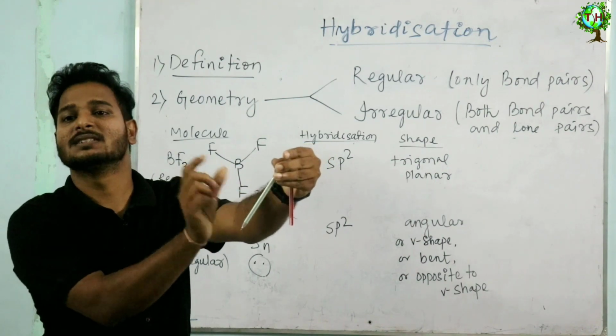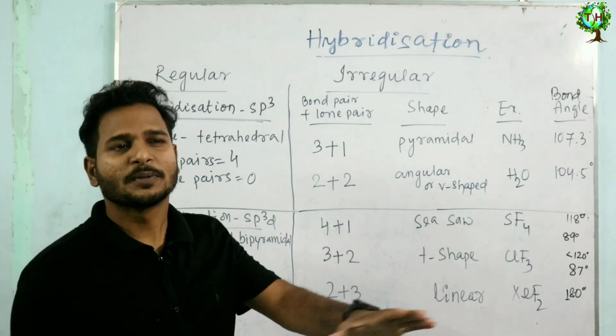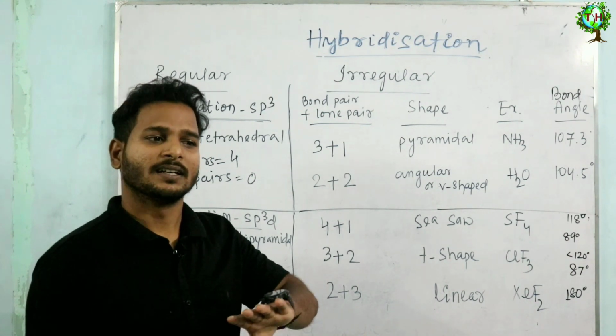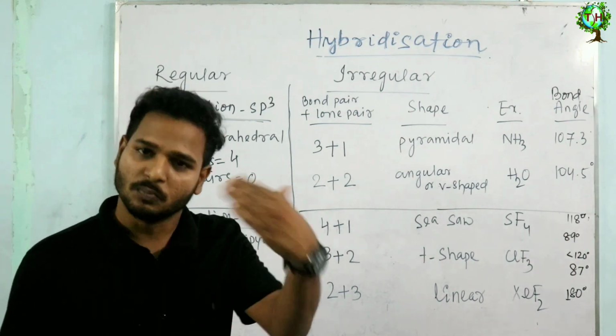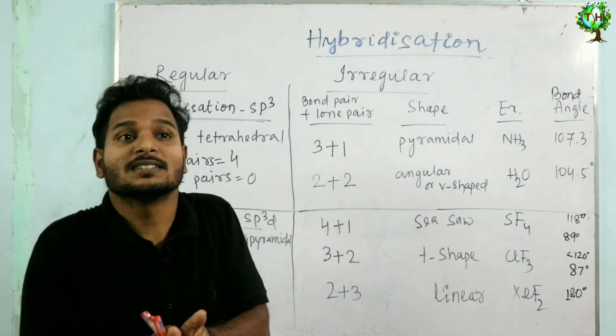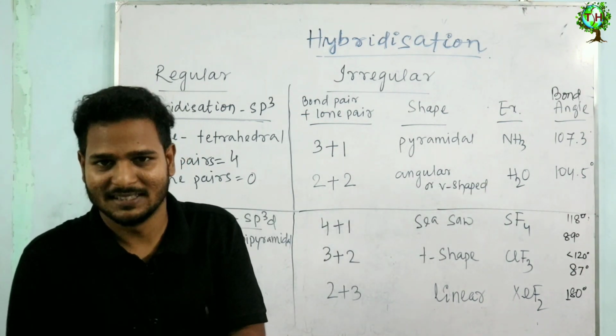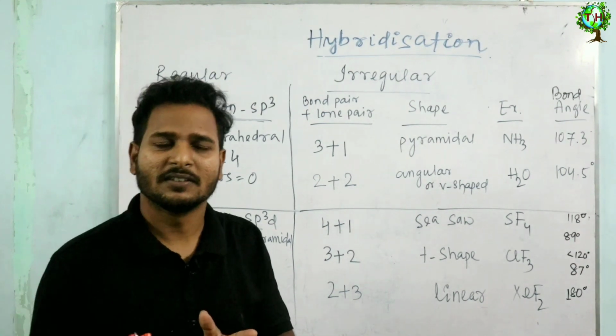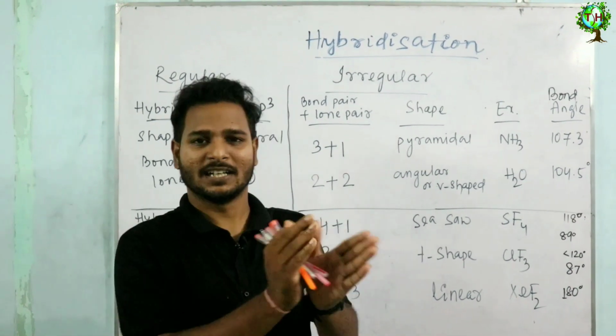It is a V shape. So this is a shape. So what is the difference between geometry and shape? In geometry, we take the bond pairs and lone pairs both, but in shape we exclude lone pairs and see how the structure looks. This is shape. Okay, you clearly understood irregular geometry by comparing regular and irregular geometry.